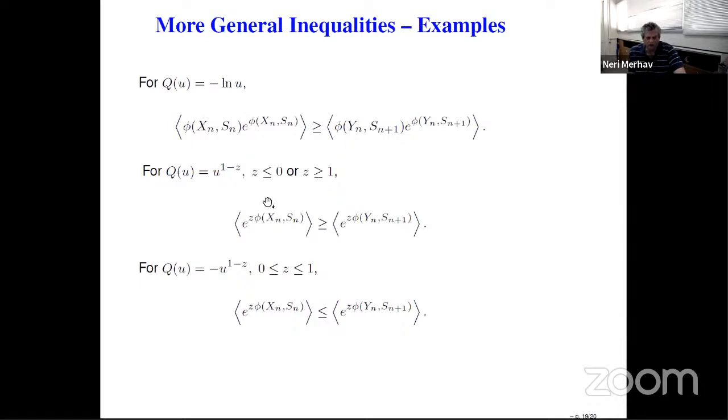Two of them are associated with the characteristic function of phi, where the parameter z is in one case in the interval between 0 and 1, and in the other case outside the interval 0 and 1. And then the direction of the inequality is reversed, which is kind of interesting.